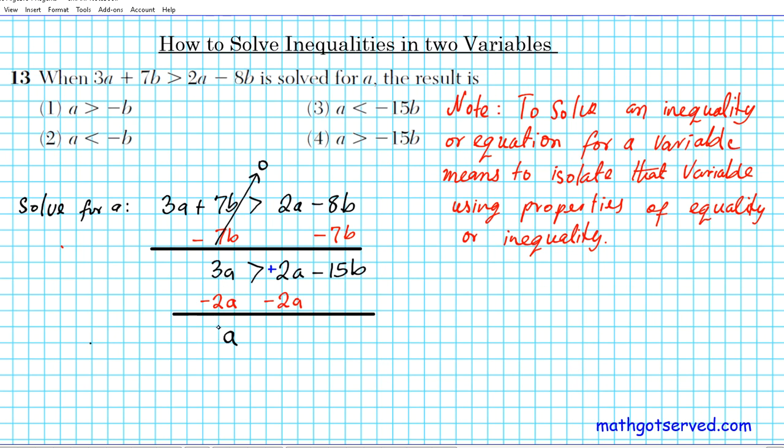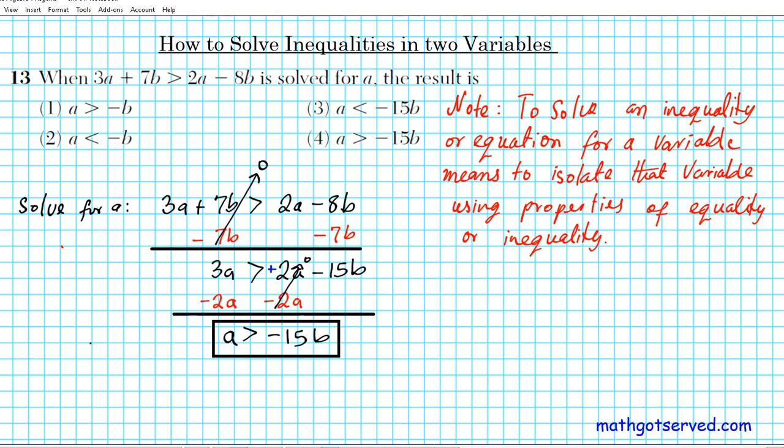There's a 1 here, but you don't write it. 1 is like the invisible coefficient. So 3a minus 2a is a, and that's greater than 2a, positive 2a minus 2a are inverses, they add up to 0, so we're left with negative 15b. Alright, so our answer is a is greater than negative 15b.